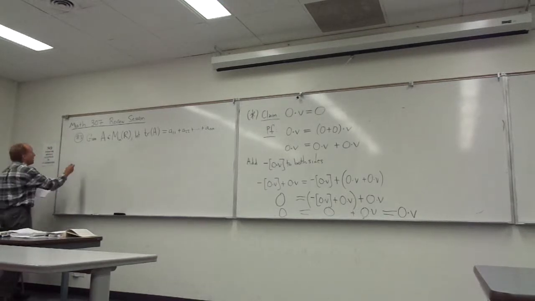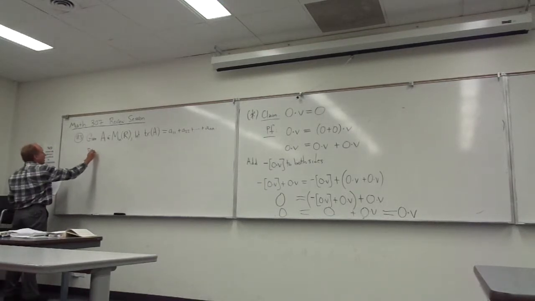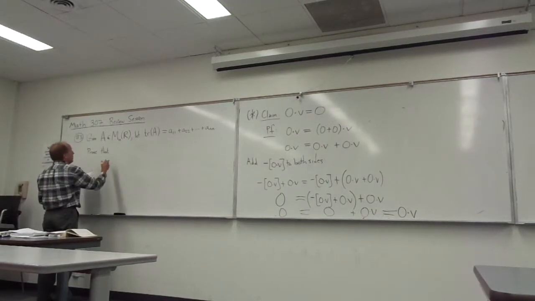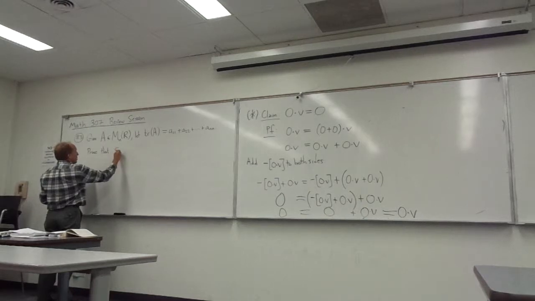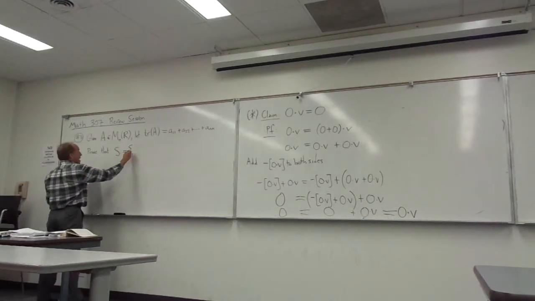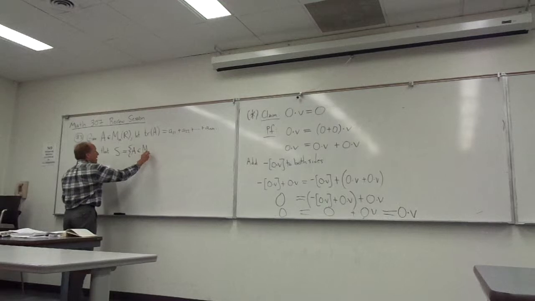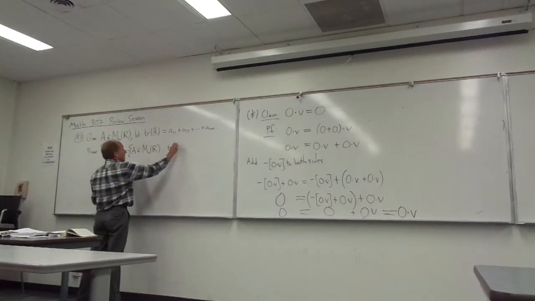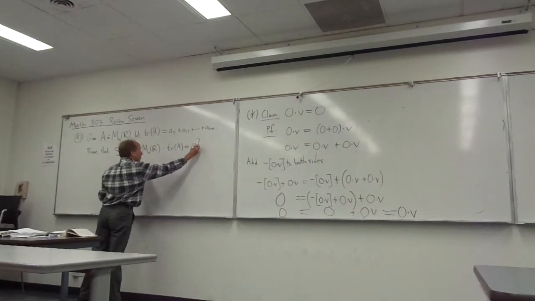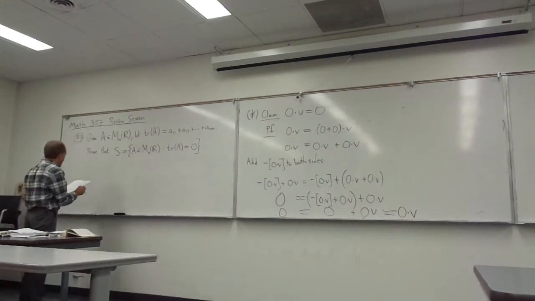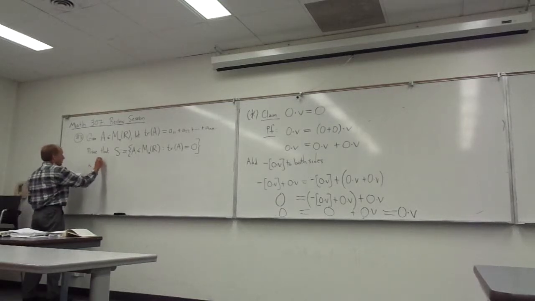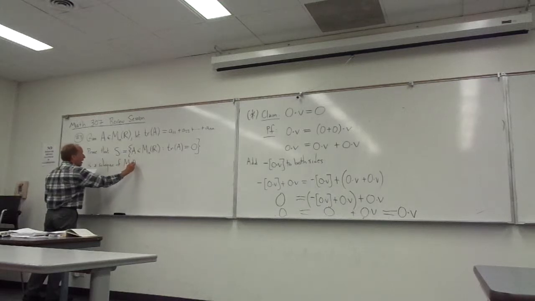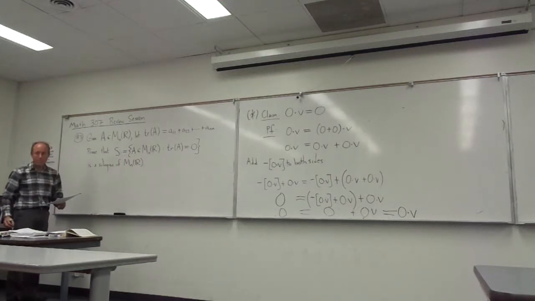What I want to do here is prove that if I make the set S, which is the set of A, an element of M_n(R), such that the trace of A is equal to 0, then S is a subspace of M_n(R).